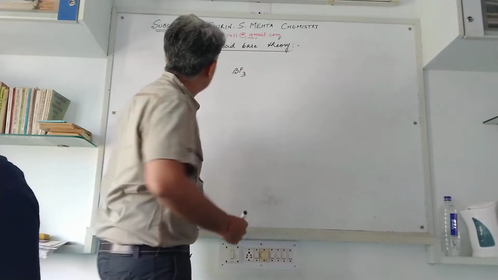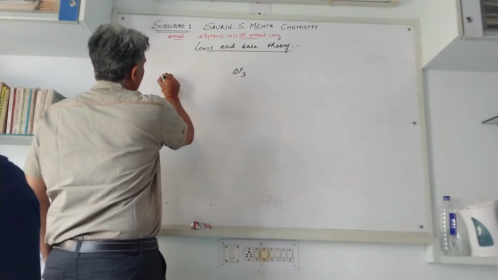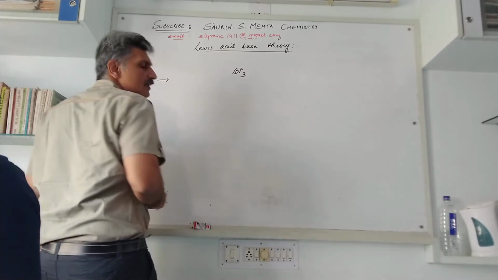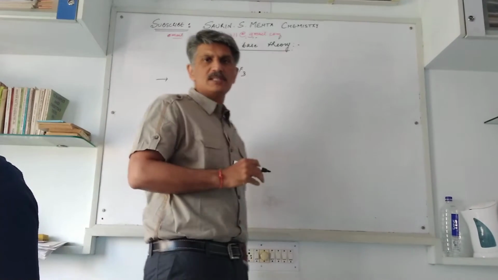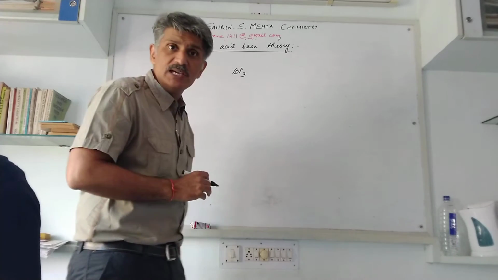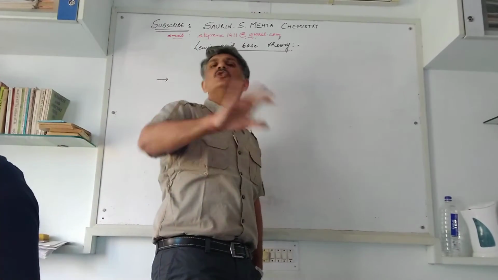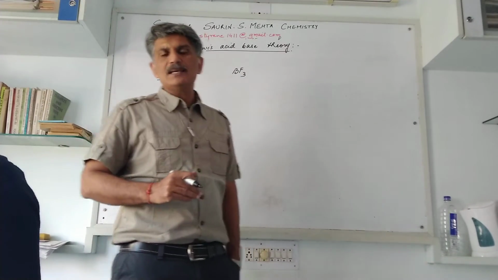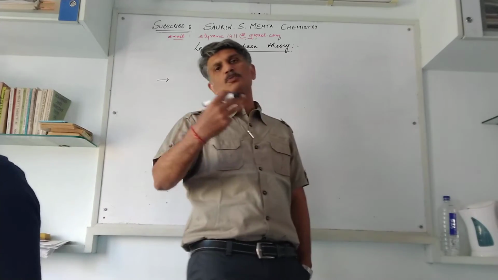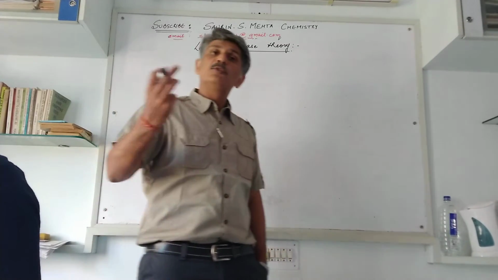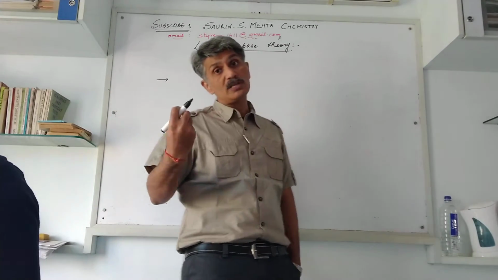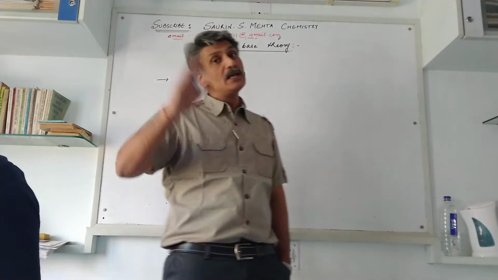First, the principle of Lewis acid-base theory was an interesting principle given by G.N. Lewis. He just ignored all the concepts of Arrhenius with respect to proton and hydroxide. Lowry-Bronsted's was with respect to the proton exchange.